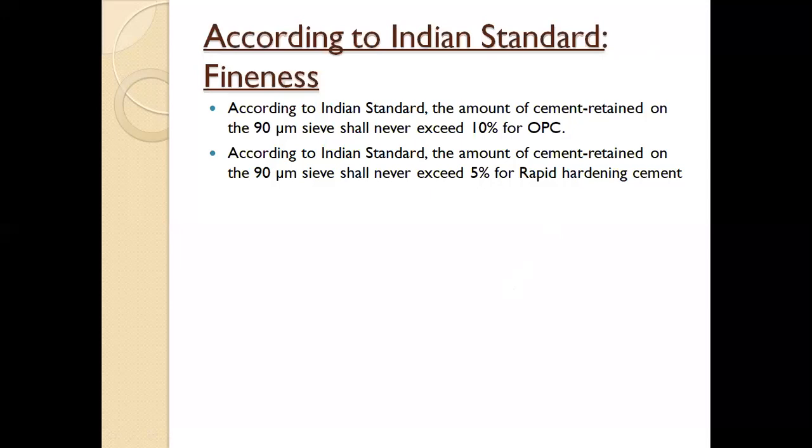That is, the fineness of the cement should be less than 10% for ordinary Portland cement. According to the Indian standard, the amount of cement retained on the 90 micron sieve shall never exceed 5% for rapid hardening cement. That is, for rapid hardening cement, the fineness limit is 5%.